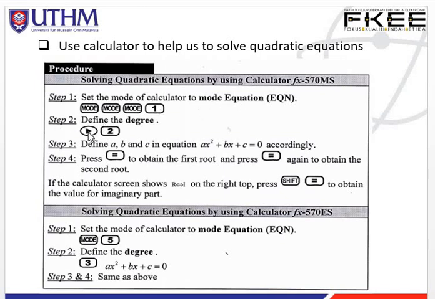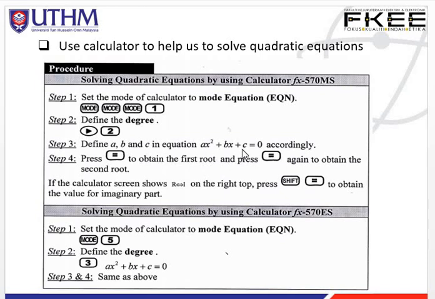Then step 2, define the degree. You press 2. Then step 3, define the a, b, c in the equation. For example, you have ax squared plus bx plus c equals 0. So what is the a value, what is the b value, and what is the c value?